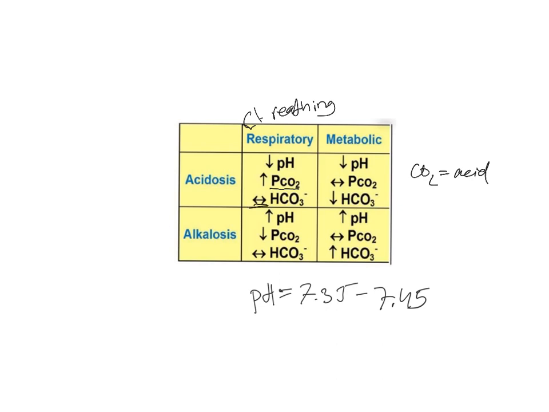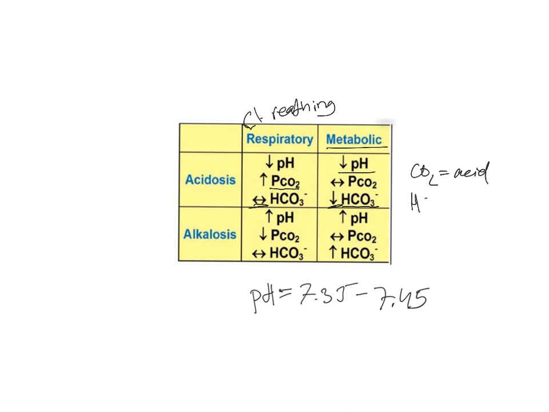For metabolic acidosis, pH still goes down, so you still consider it acidosis because you have more acid in the blood. But now you're dealing with the metabolic system, which involves bicarbonate and your kidneys. So you focus more on bicarbonate leaving or staying in your body for metabolic situations.